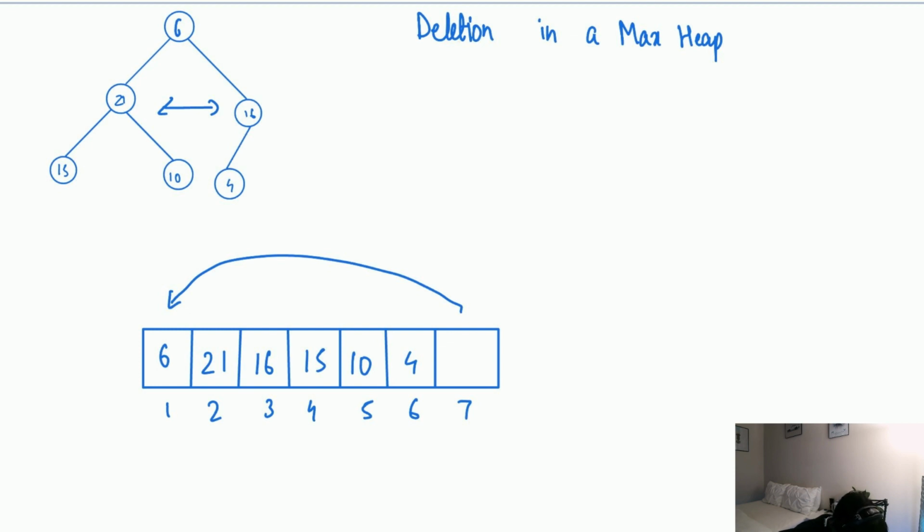So because 21 is greater, we're going to remove 21 from its place and place 6 over here and 21 over here. Now again, for the element that swapped, we're going to compare the children nodes, take the higher element, and place it above. 15 gets placed above, 6 gets placed below.